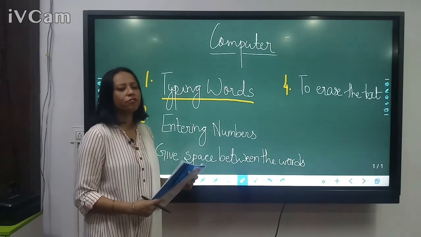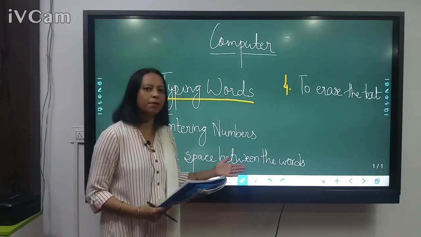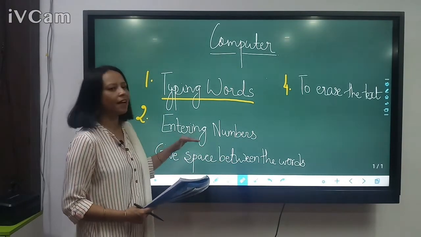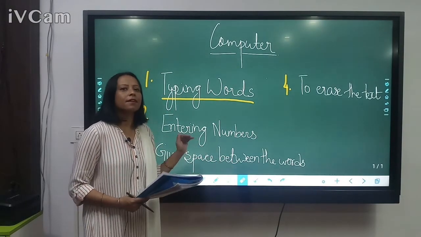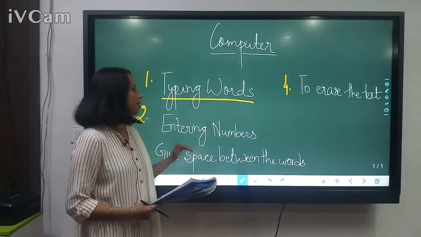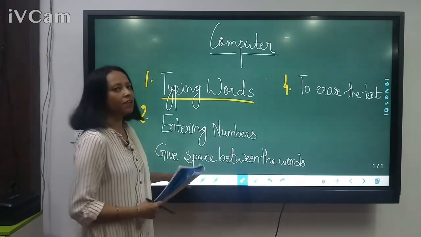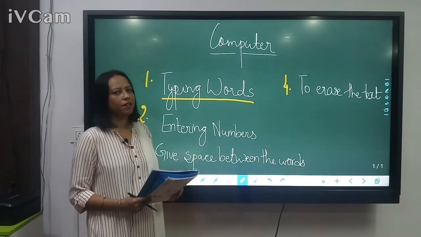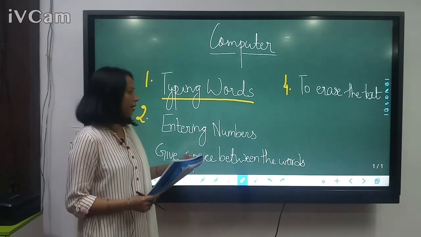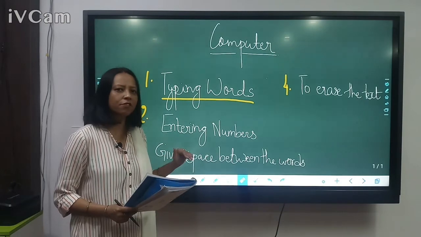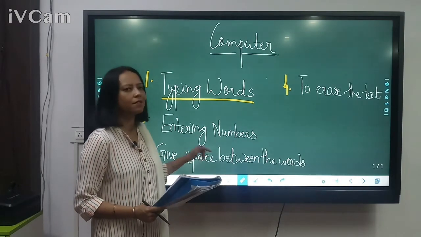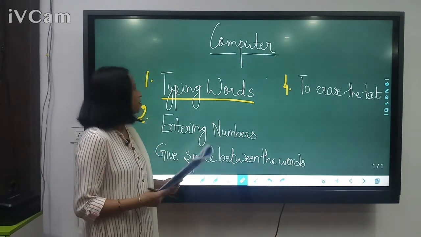Suppose you have to write your roll number or your house number. As I have shown you, there are number keys which can be used to type numbers. You can give space by using the space bar. The longest key on the keyboard is your space bar key.